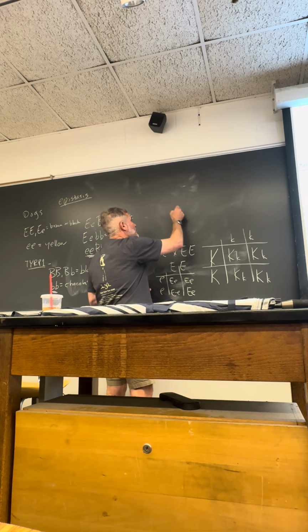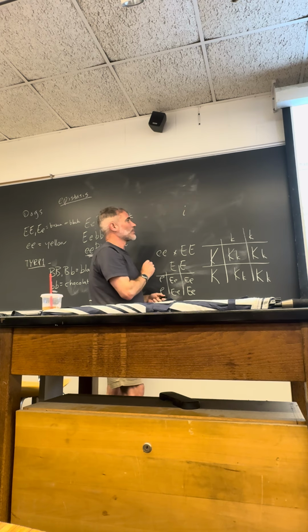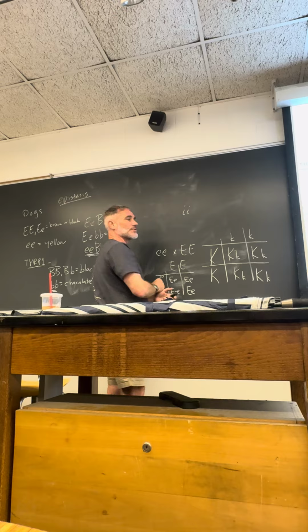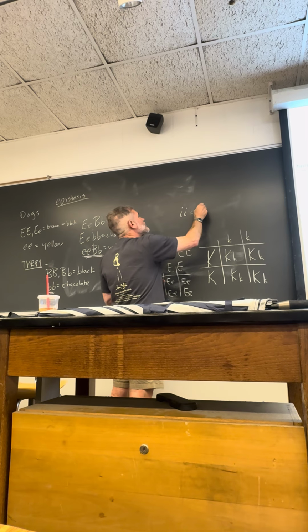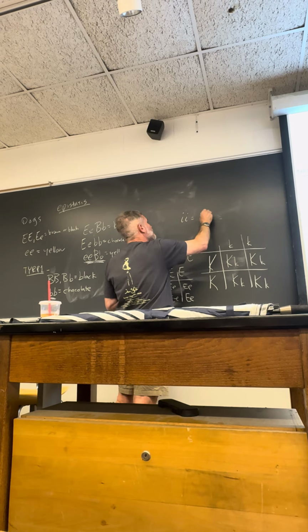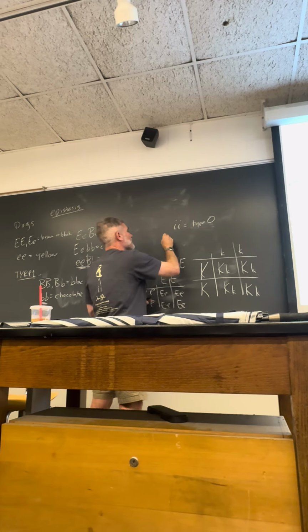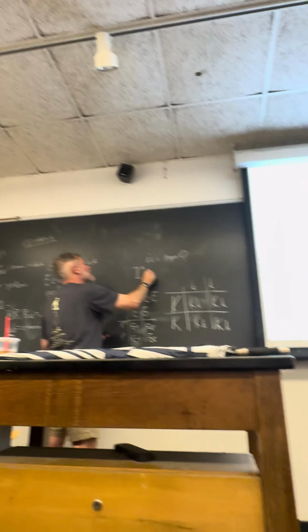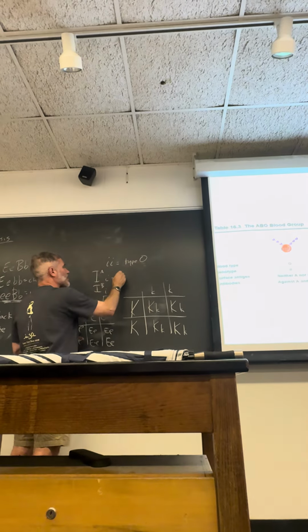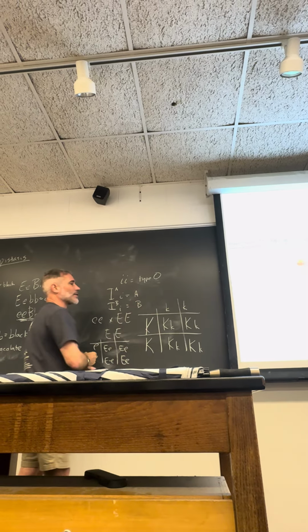And so the difference here is that you have both dominance and codominance. So for example, little i, which would cause the O type, is just plain recessive. So that's our type O. But if you have either A or B, they are just plainly dominant over that little i.